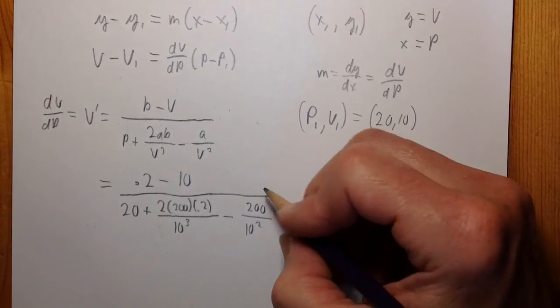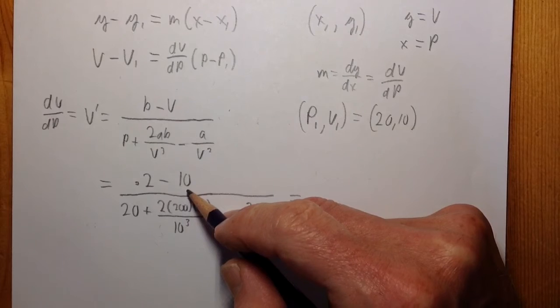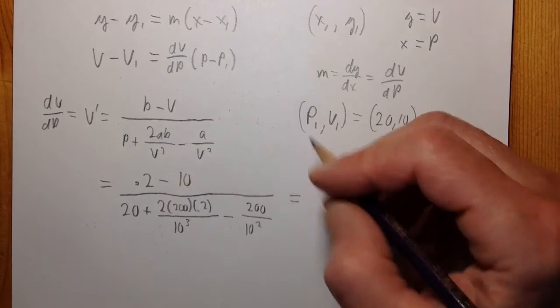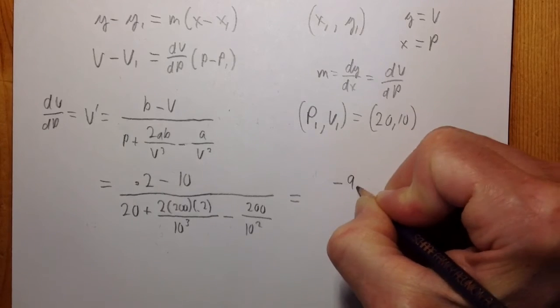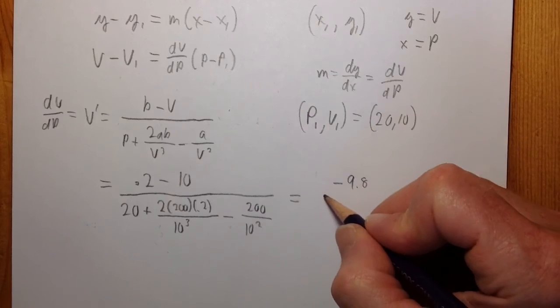Okay, that's a lot of math. So what is 0.2 minus 10? It's negative 9.8, so negative 9.8 on the top.